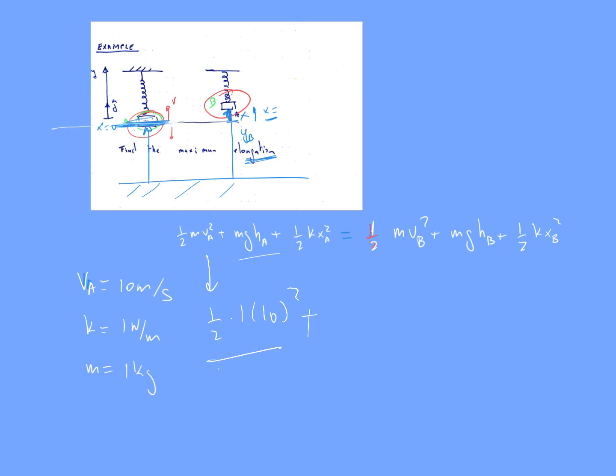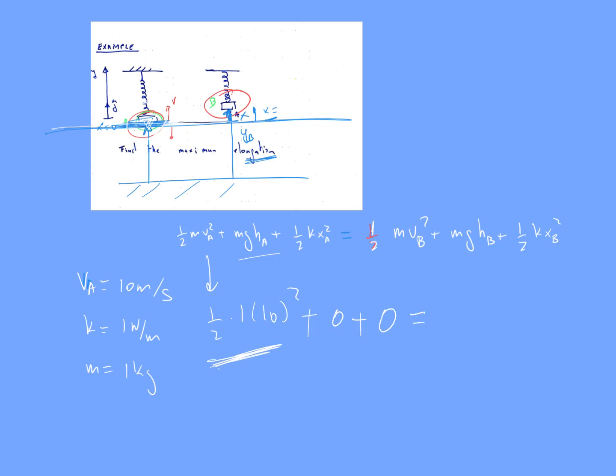So at the point A, the potential energy is 0 because I can choose the floor at any level. This is the equilibrium position, and there is no potential energy stored because the spring is not stretched. So this is only kinetic energy that I have at the point A.